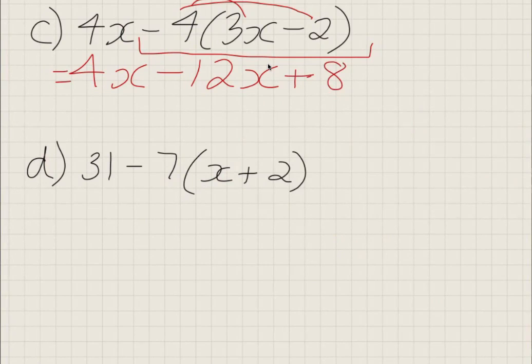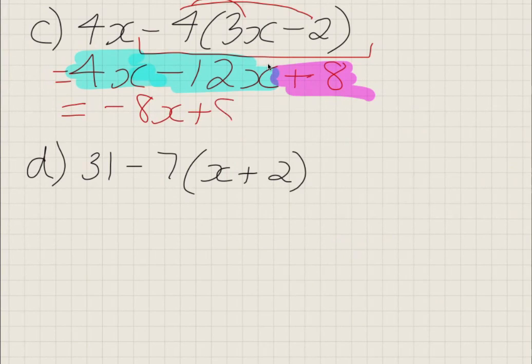Looking at our like terms, we have 4x and minus 12x, and then the 8 is off by itself, there's no letters with that. 4x minus 12x gives minus 8x, and we're left with plus 8 on the end.